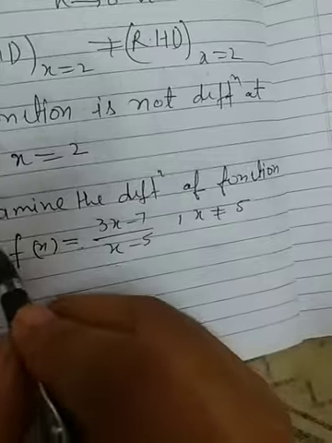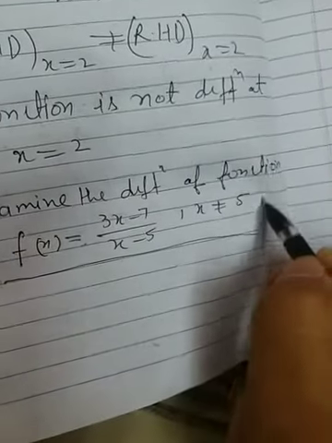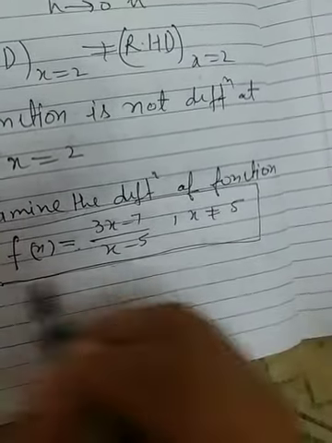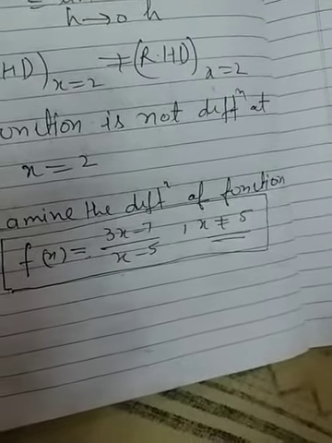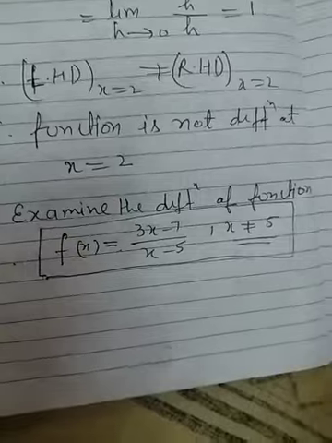So now you can check the left hand limit and the right hand limit at x equal to 5. Then you will get your result and this function will be differentiable.